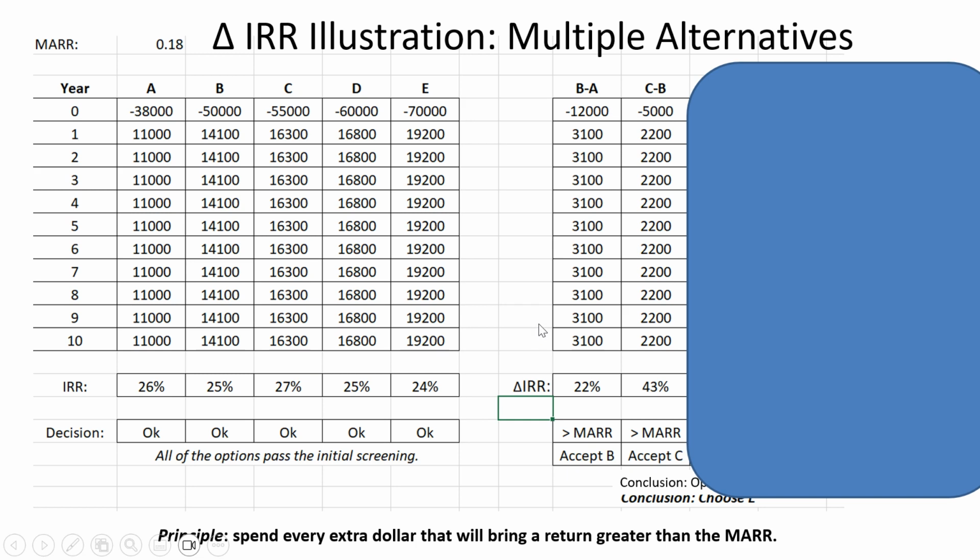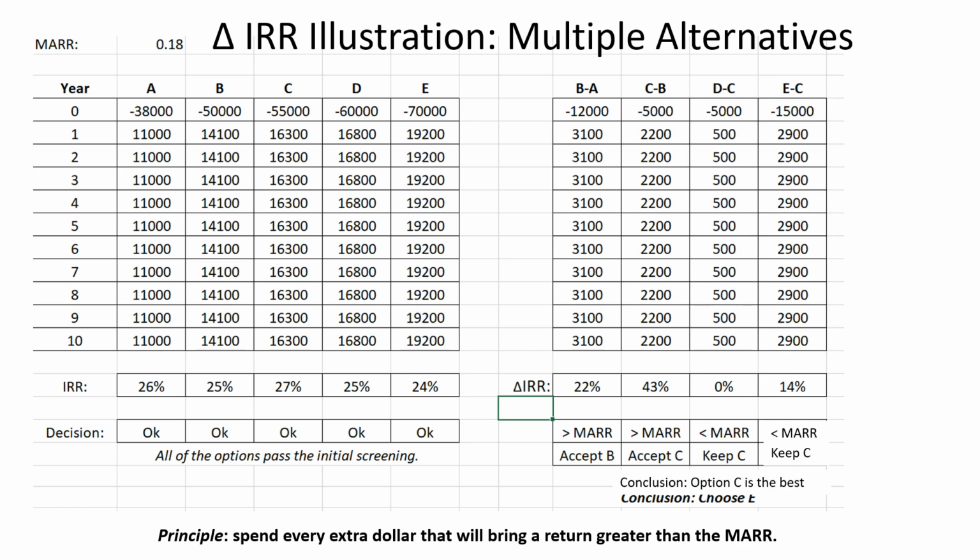So now let's compare D to C. In the D to C comparison, the rate of return is 0. So D is not good. The additional $5,000 per year is not justified. So the final matchup is E versus C. It's not D versus E because we rejected D in this matchup.